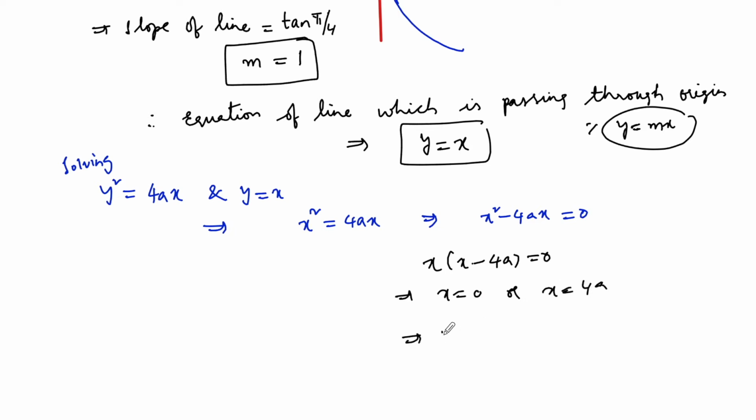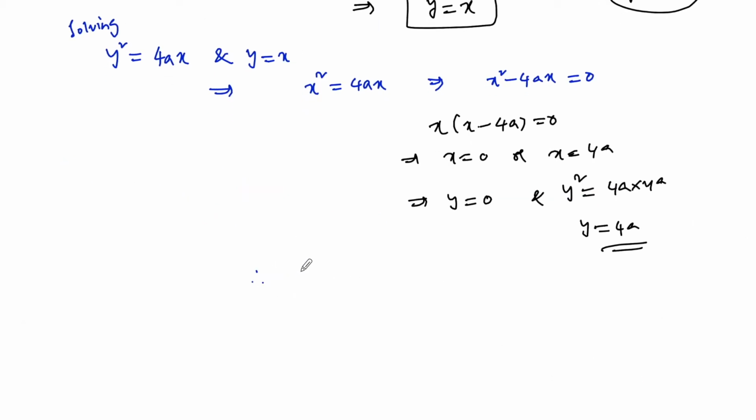If x is equal to 0, y is equal to 0, and if x is equal to 4a, y square is equal to 4a into 4a, so y is equal to 4a. Therefore the coordinates of P can be taken as (4a, 4a), because the other coordinates, (0, 0), is the vertex.